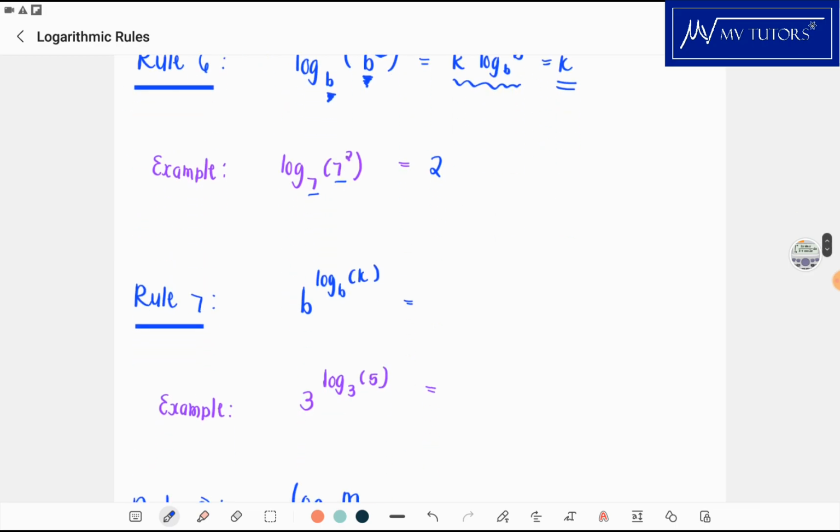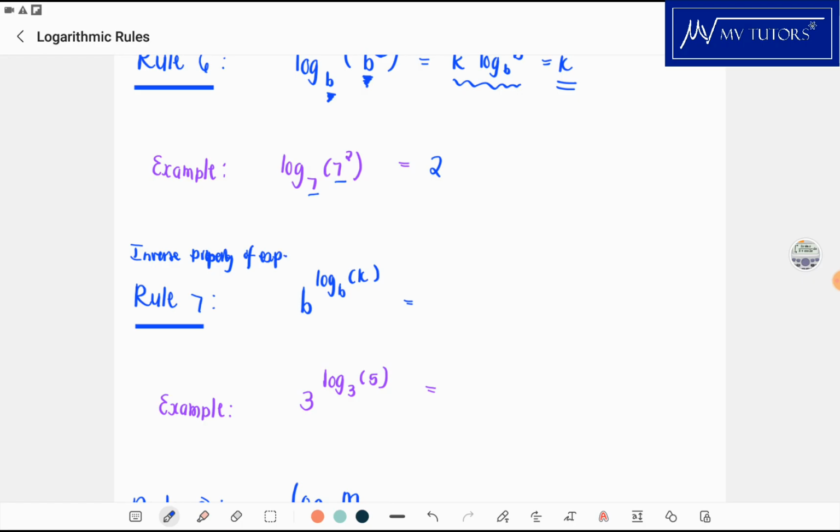We're almost there, guys. Two more rules. So rule number 7. Now we have the log here as an exponent. What do we do with that? This rule will be referred to as the inverse property of an exponent.